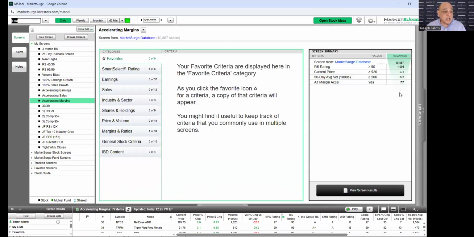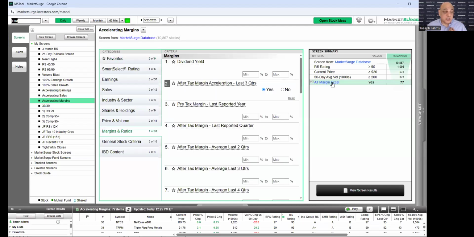So, accelerating margins where it's really simple: relative strength above 90. See how there's no rocket science in this? Current price above 20, trades over 200,000 shares. And then this is the part where I don't have the resources to dig through every balance sheet, but it's one of the options on Market Surge.